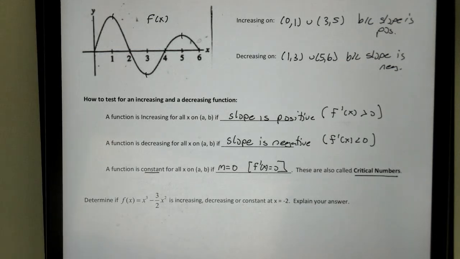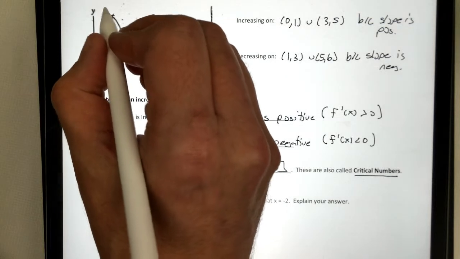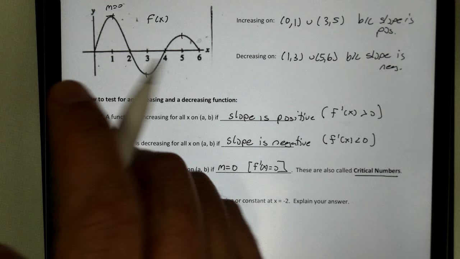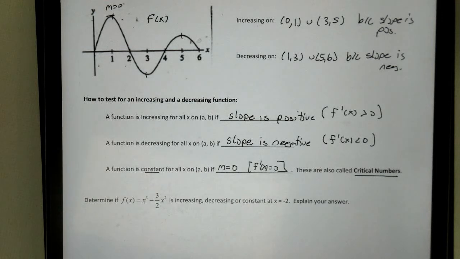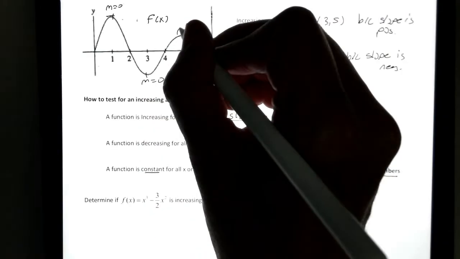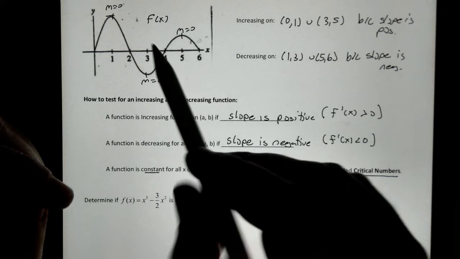So if we take a look at these critical numbers, we can look at the critical numbers up here. If we notice, here the slope is 0, and over here we said the slope was 0, and here I know the slope is 0. So now we're starting to see why we call these critical numbers.